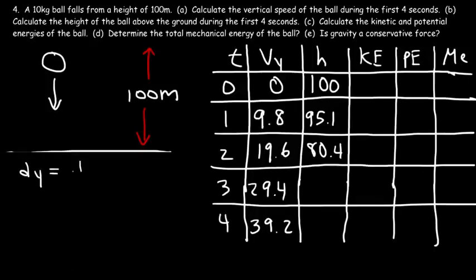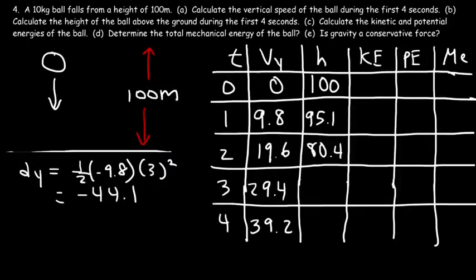So dy is going to be 1/2 negative 9.8 times 3 squared. So that's negative 4.9 times 3 squared. And so that's a displacement of negative 44.1. So let's subtract that from 100. And so we're going to have a height of 55.9 meters.